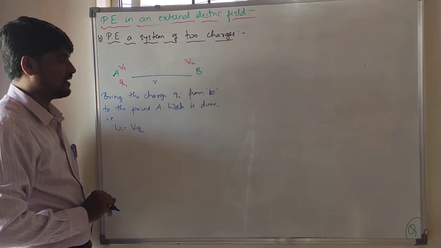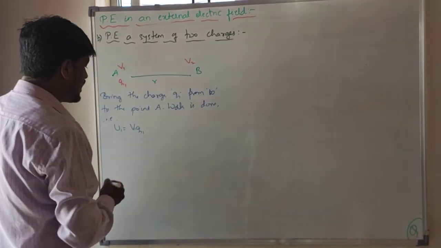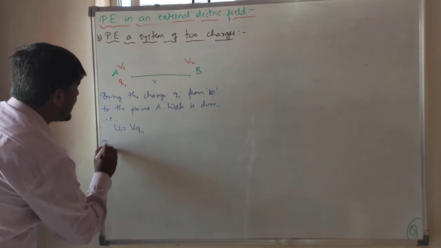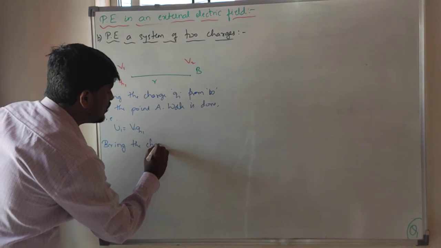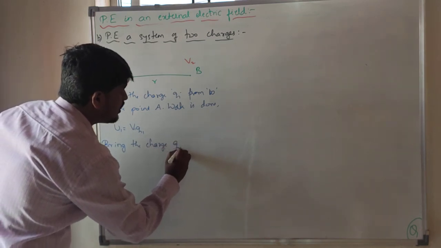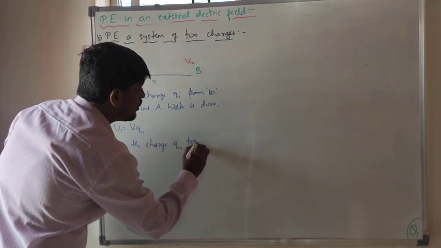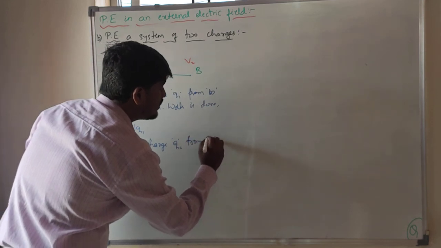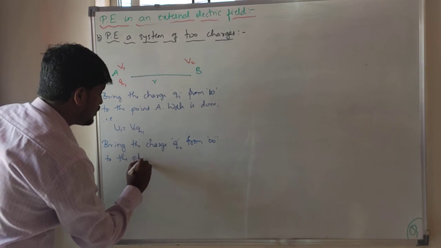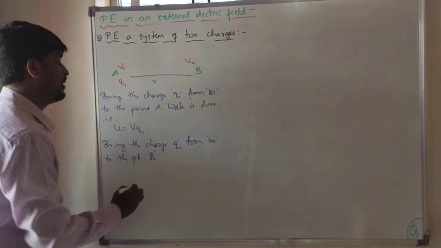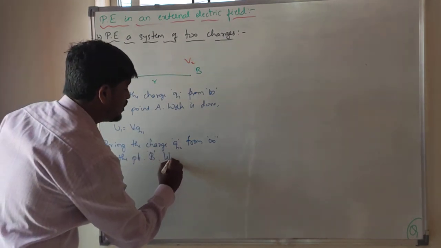Hence, at the point B there are two potentials. So now I have to bring the charge Q2 from infinity to the point B. What happened again? Work is done.